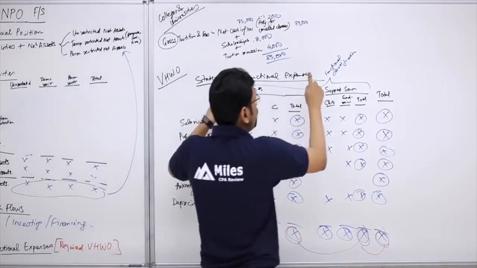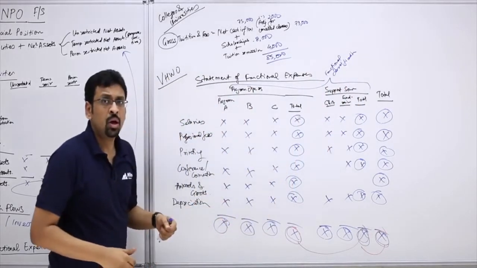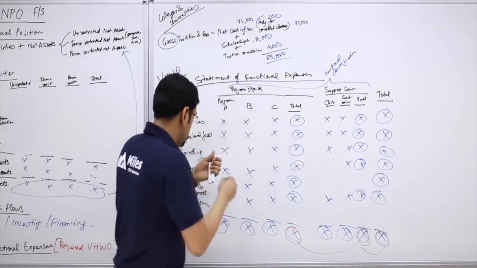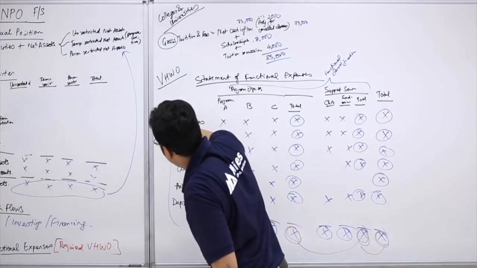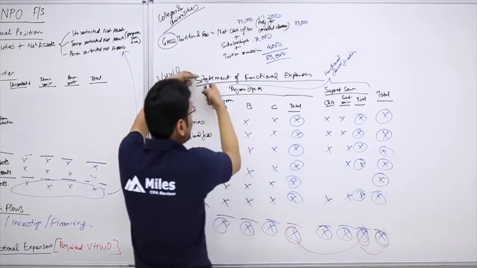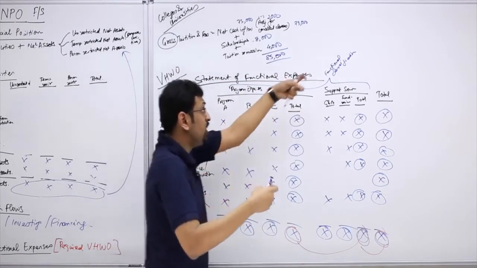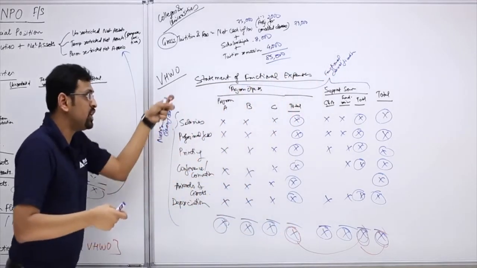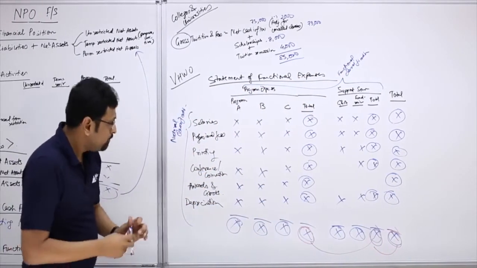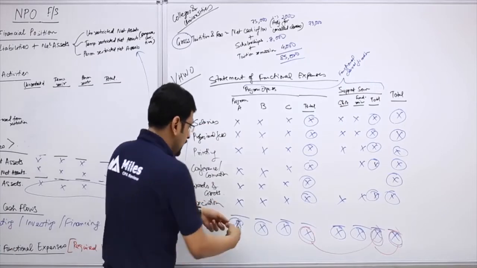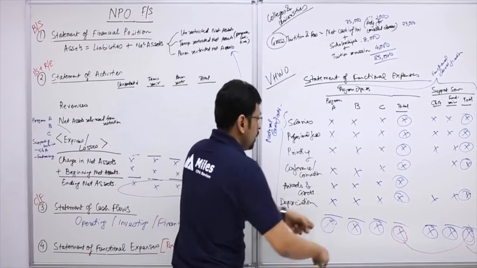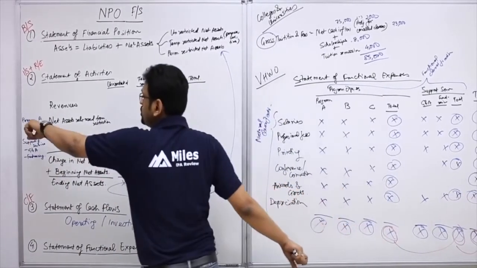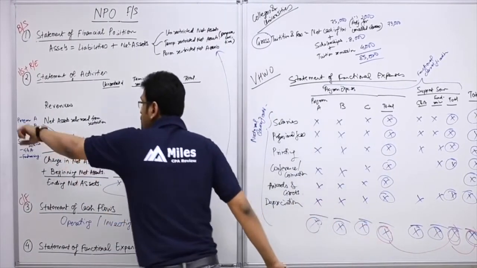So I said this was functional classification of expenses across functions. This one is natural classification by nature. So on this statement of functional expenses, you're looking at both the functional classification and the natural classification of the expenses. And then when you have these total numbers for program A, this number flows into the statement of activities, program A. Program B total number flows into statement of activities, program B. Program C comes in here.